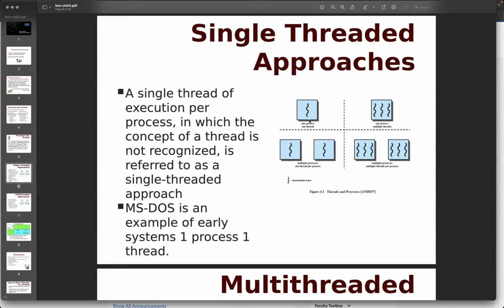When we execute multiple processes, they also have only one thread each. So on one core, I need to finish this one, then I will execute another one. But with multiple processes and multiple threads, which is what happens in reality nowadays, we have multiple programs executing on multiple cores.